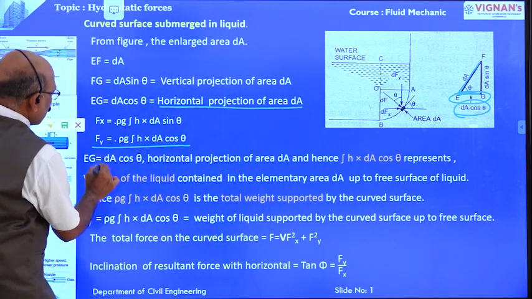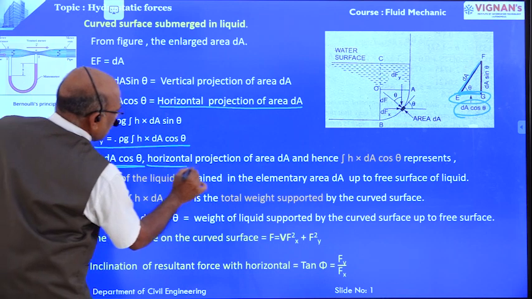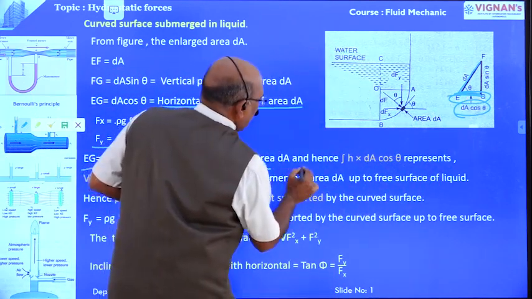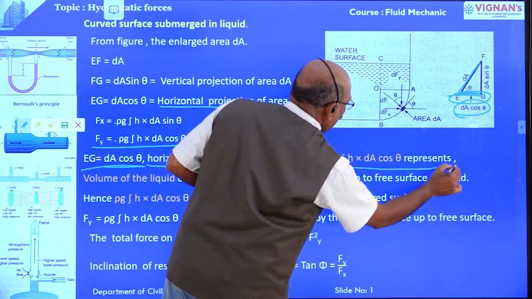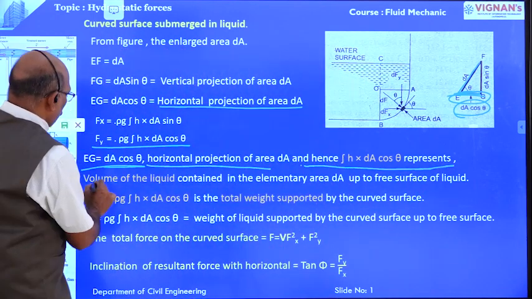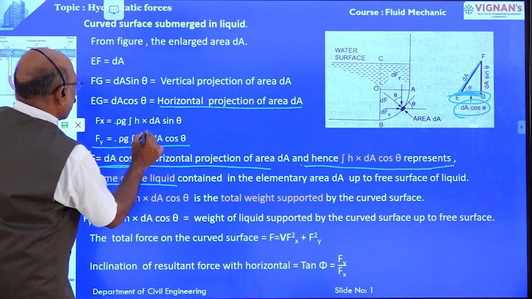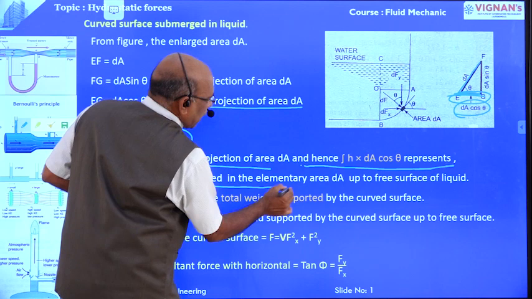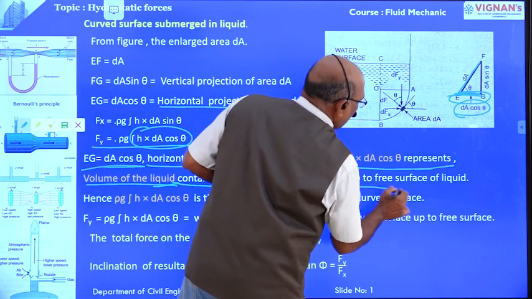Right? Now EG is equal to dA cos theta, that is a horizontal projection of area. Integral h dA cos theta represents volume of liquid contained in the elementary area dA up to the free surface of the liquid.